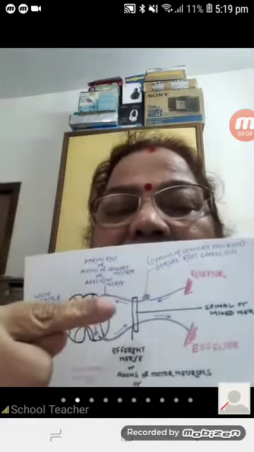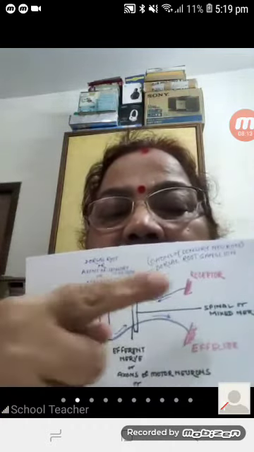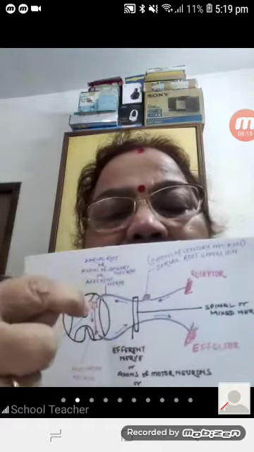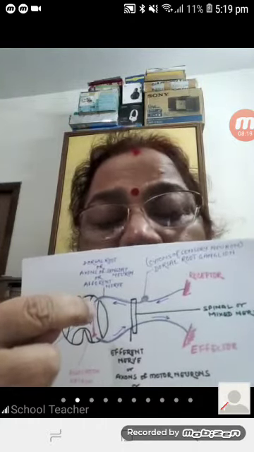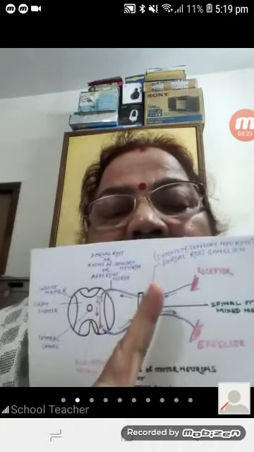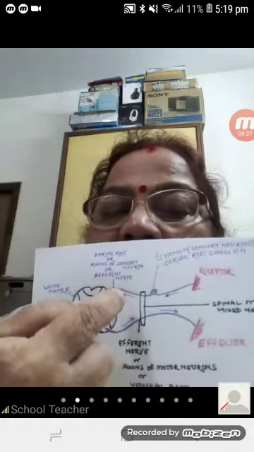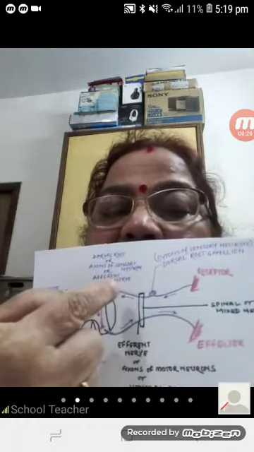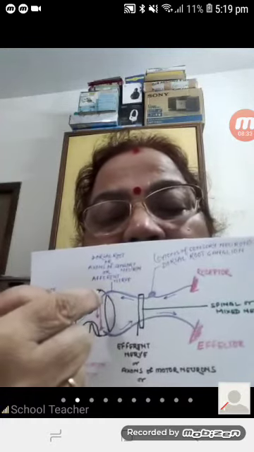So entire this structure is incoming route for the sensory nerve impulse, whose dendrites are attached to the receptor, all the cytons in a ganglion, and all the axons together make sensory nerve, which will be ending up in the dorsal horn of the gray matter.